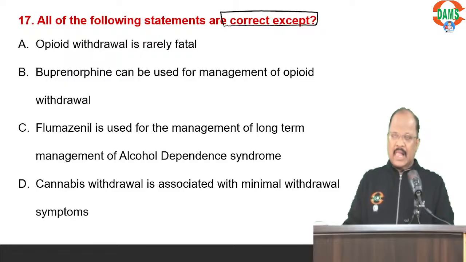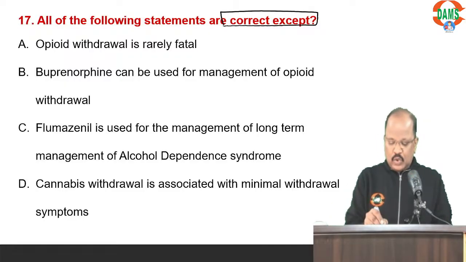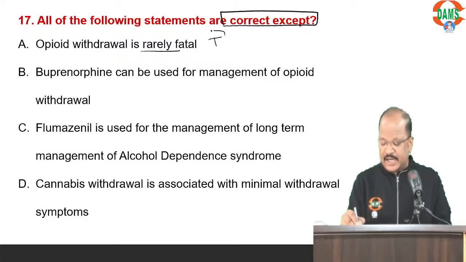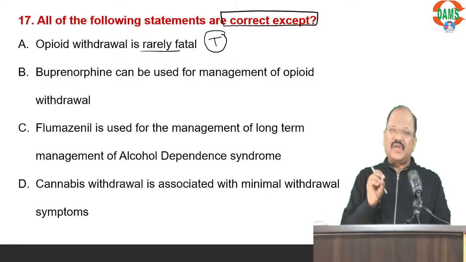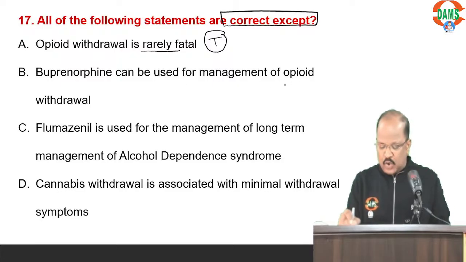Now, all of the following statements are correct except: opioid withdrawal is rarely fatal. True statement. Opioid withdrawal usually causes anxiety, tension, goose flesh, diarrhea, mydriasis, but there is very rarely a risk of a fatal event. Buprenorphine can be useful for managing opioid withdrawal.